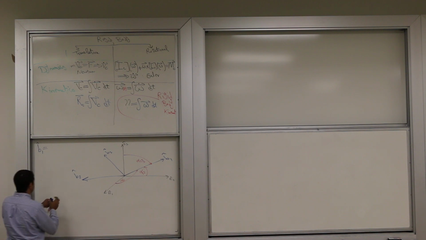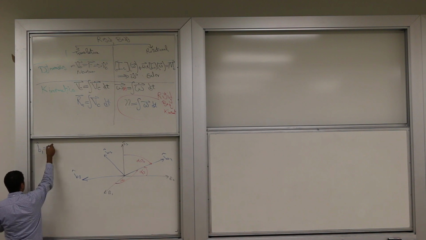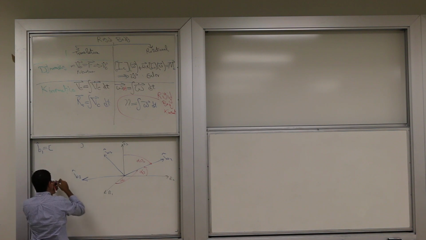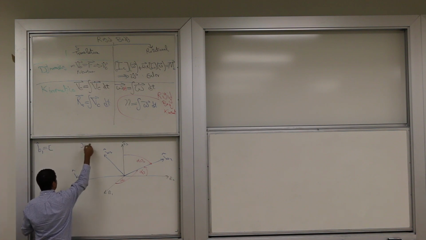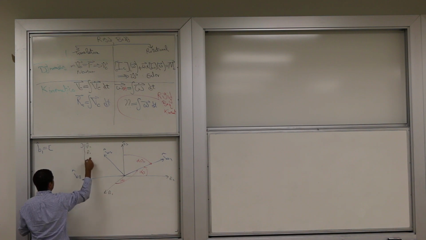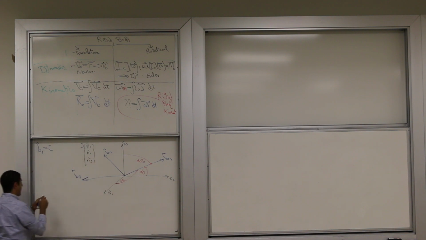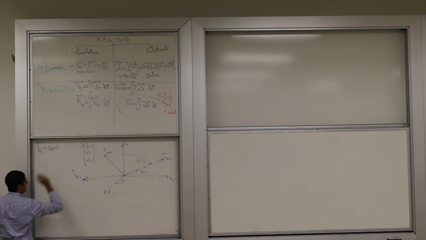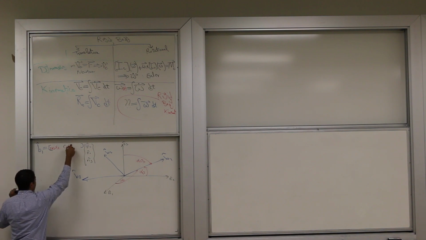And simply, if I have these 3 angles, I can write this B1 in terms of N1, N2, N3. What's that? This is simply cosines of these 3 angles. So cosine alpha 1, 1, and you know I like to write the cosine as just C, alpha 1, 2, cosine alpha 1, 3.